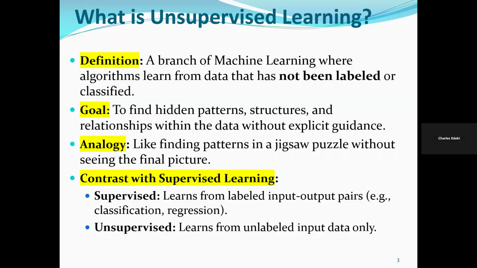Unsupervised learning would be like trying to group these photos based on their visual similarities. For example, we may group photos of a tiger or any animal together, the same animal together.